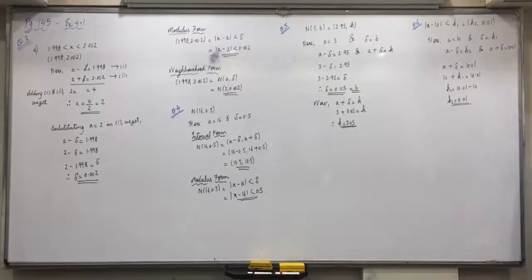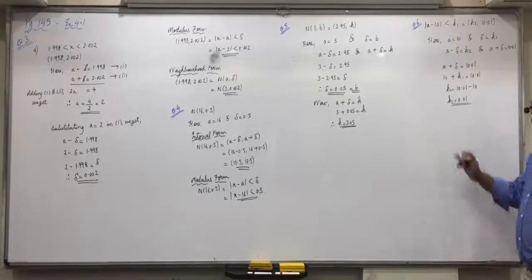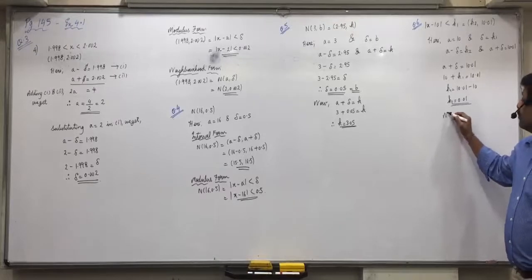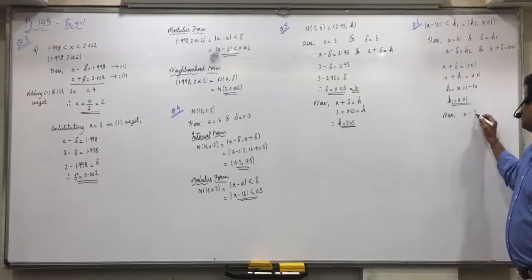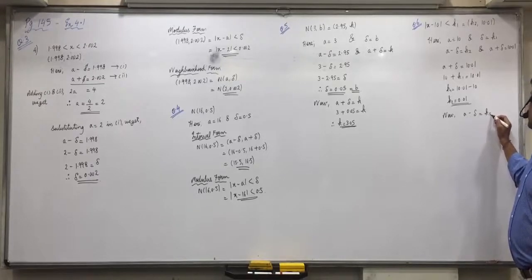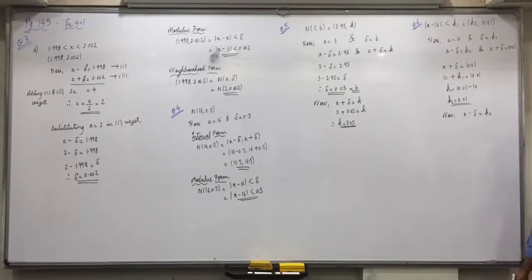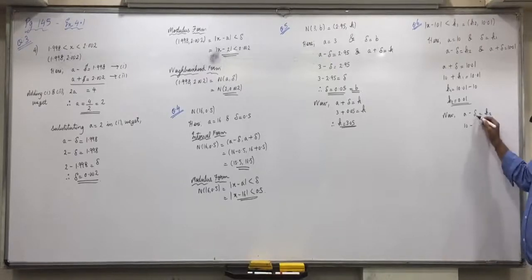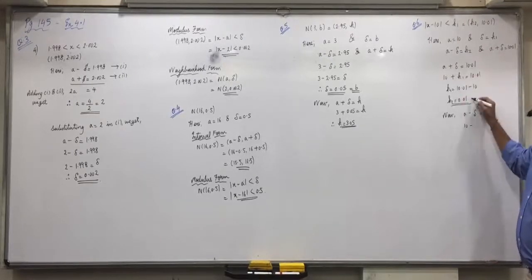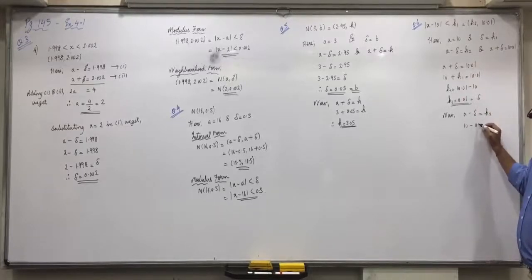Anyone having any doubt in this? Then Gina. A minus delta. Now we have to use the other equation. A minus delta equals K2. 10 minus 0.01. Yes, delta is K1, which we obtained as 0.01.